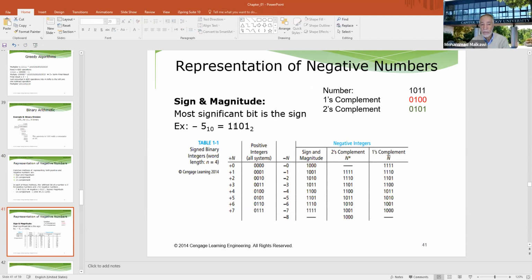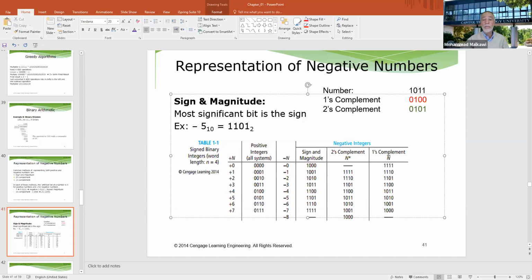If I have 3 bits representation for my number and 1 for the sign, in binary this is 101. That's my number, and the sign is 1. So it's minus 5. I'm not going to read it as 13, because in 2's complement this is 13, but with the sign it's minus 5 rather than 13.